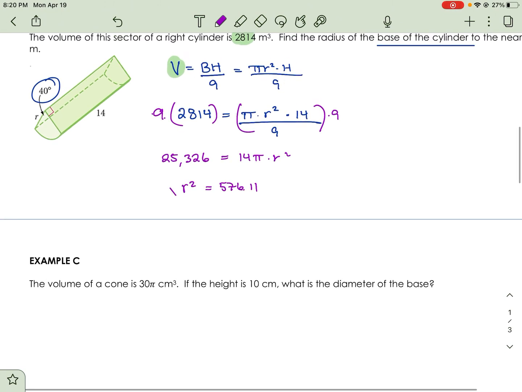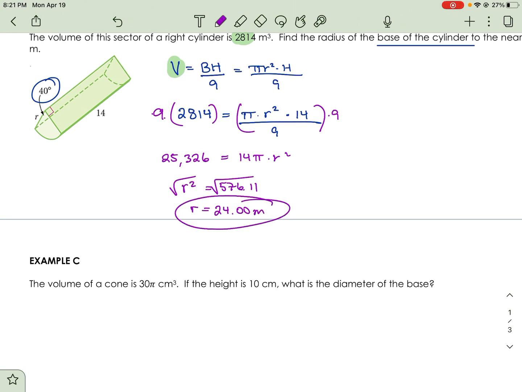We would like to find out what the radius is, so we take the square root of both sides, and we get r is equal to, I believe that comes out to be 24.00 if we round. So the answer would be 24 meters for the radius of that cylinder.